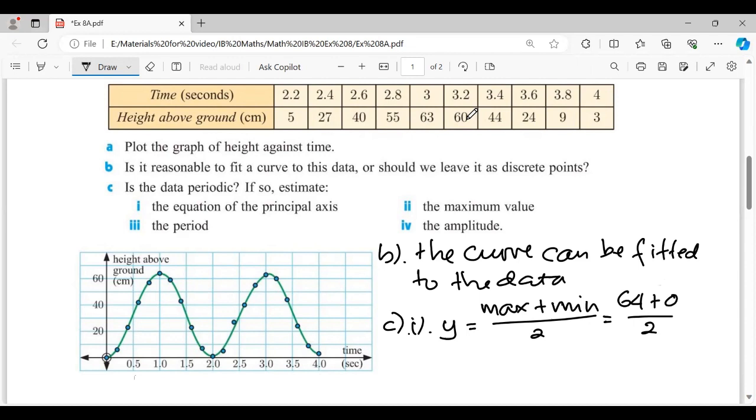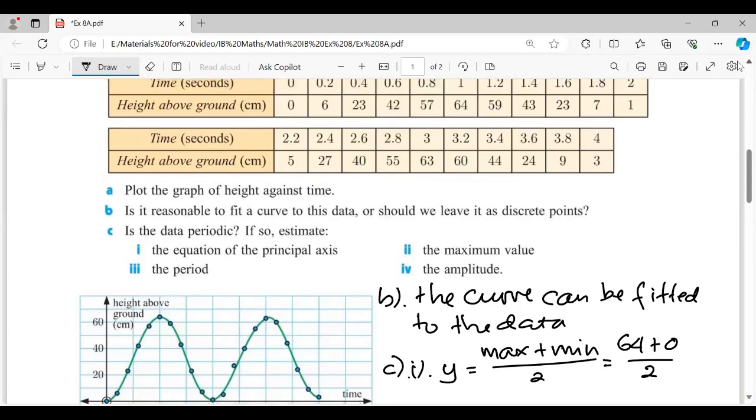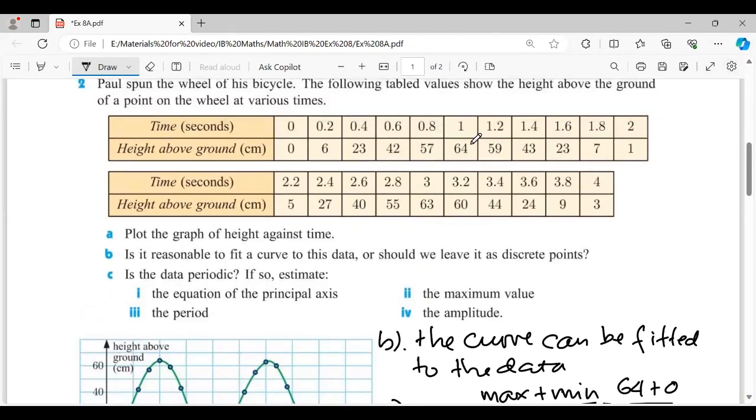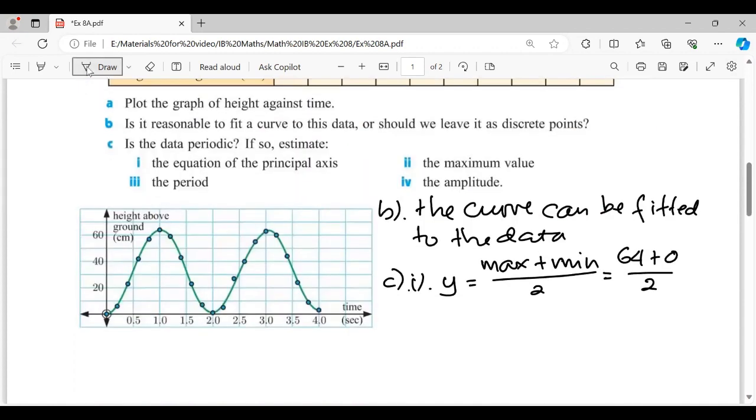This one, 64 and 0. So 64 over 2 equals 32. So this is the equation of the principal axis.